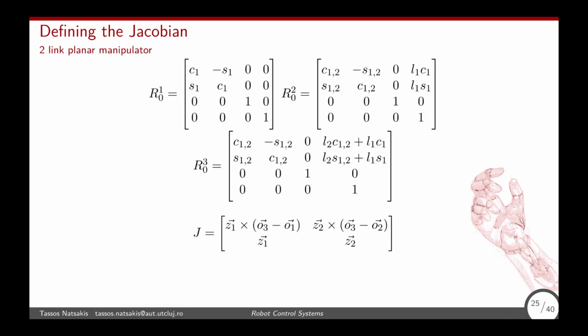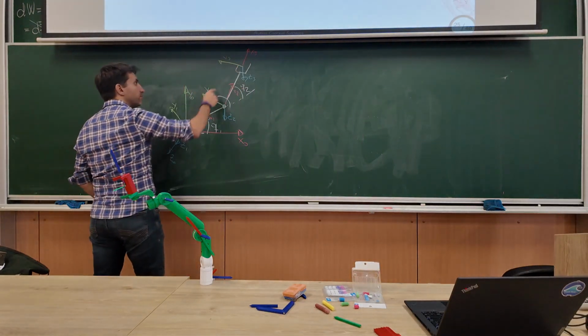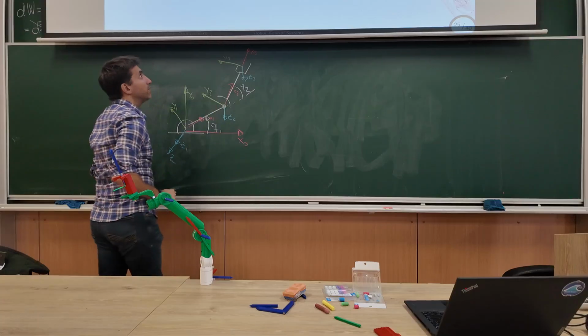I have two revolute joints, so I take the revolute joint form for calculating the columns of the Jacobian. So this would be the first column, and this would be the second column. What we have here is the orientation of the first axis of rotation, cross product with this distance, 0 to 3, right?